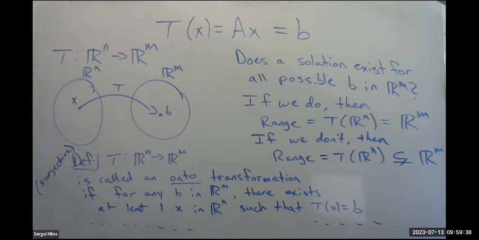So a function is going to be called onto if for any B in Rm, there exists at least one X in Rn such that T of X equals B, right? In other words, for anything in the codomain, there exists a corresponding input which gets mapped to it.